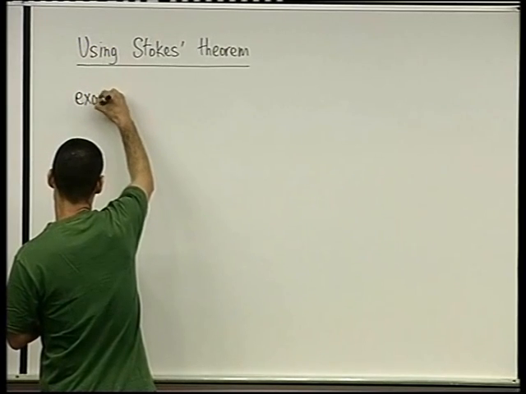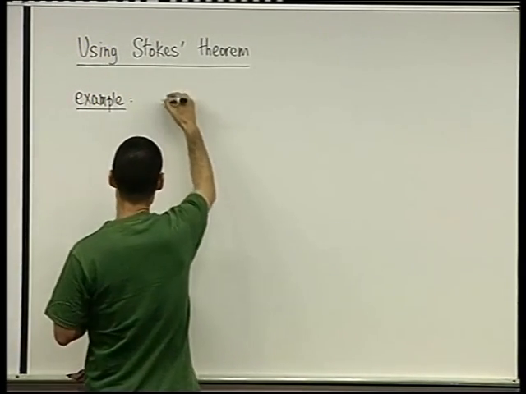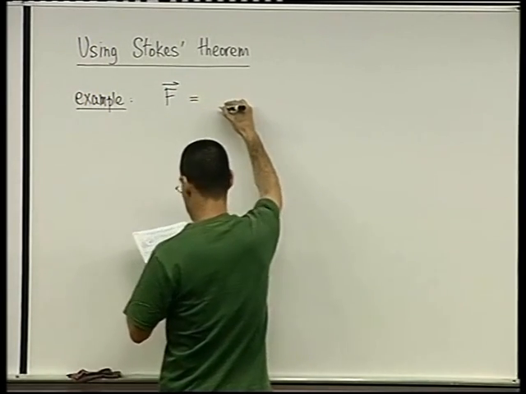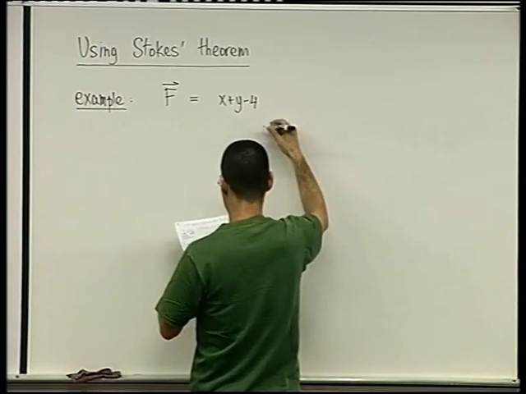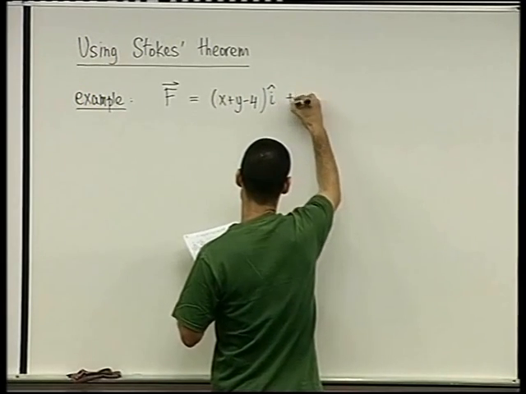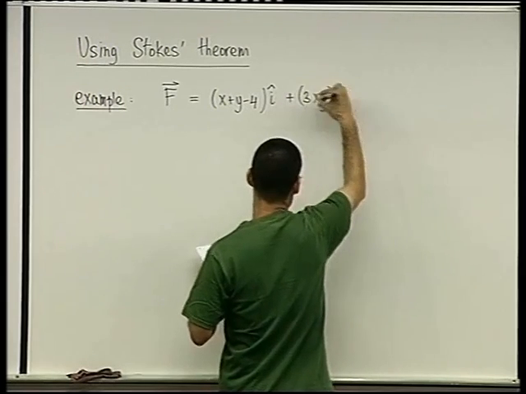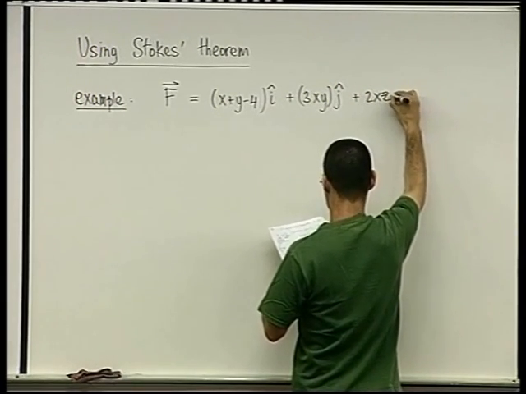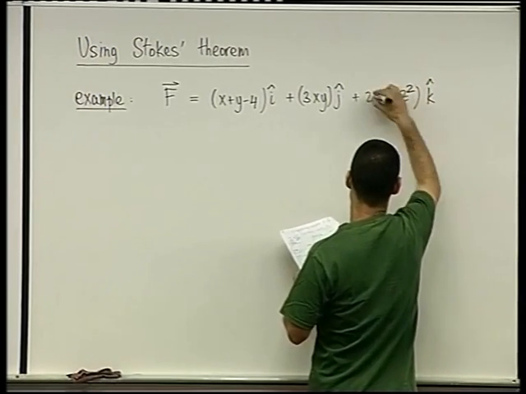So example. We have a field, F, defined as follows: x plus y minus 4 in the i direction, plus 3xy in the j direction, plus 2xz plus z squared in the k direction.